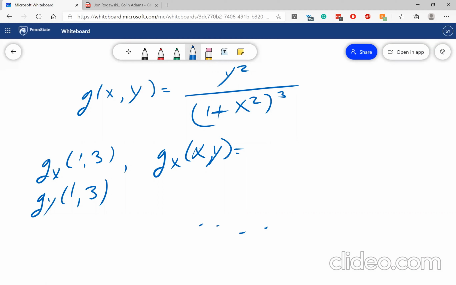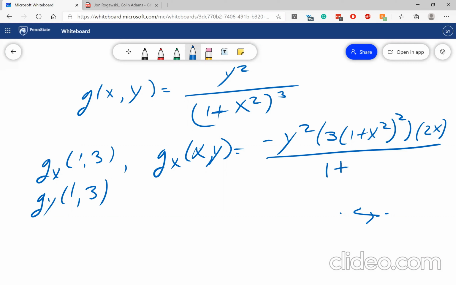So that would be the quotient rule over here. We're treating y as constant and only differentiating with respect to x. So that would be the bottom, (1 plus x squared) cubed, times the derivative of y squared, which is 0. And then negative y squared times the derivative of this thing, which is going to be 3 times (1 plus x squared) squared, all of this times 2x, over (1 plus x squared) to the 6th power.